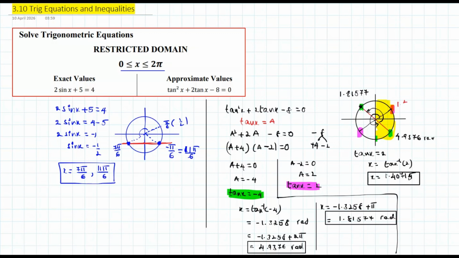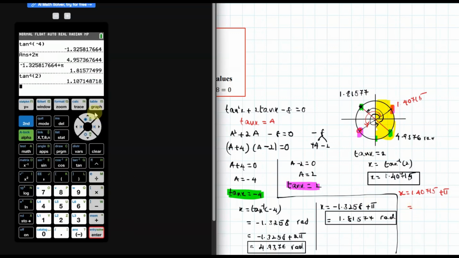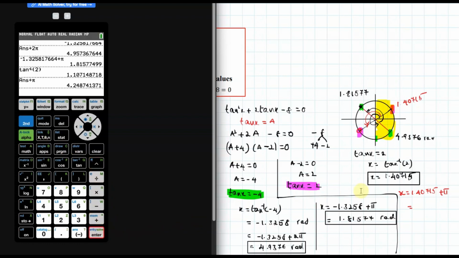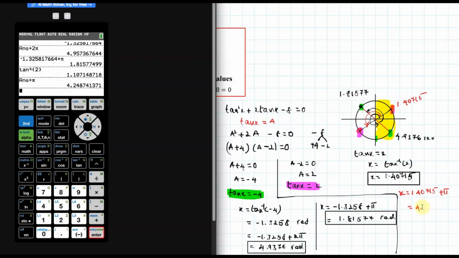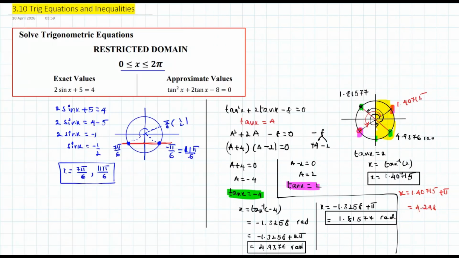So x equals 1.10715 plus pi, and adding pi to this angle, that is 4.24874 radians.